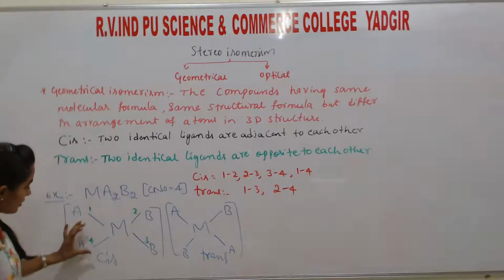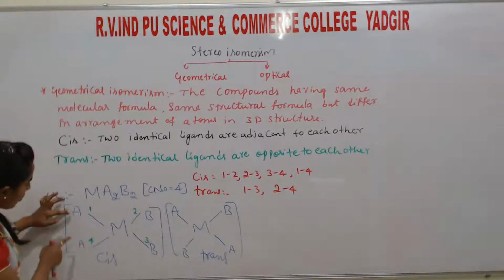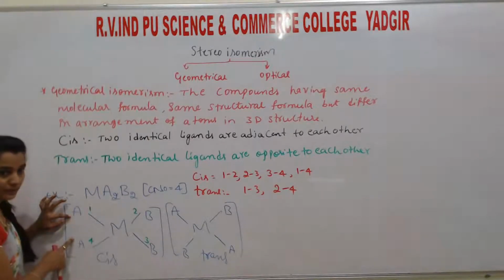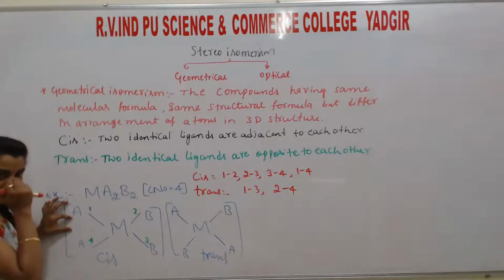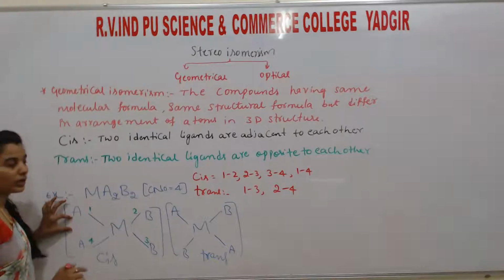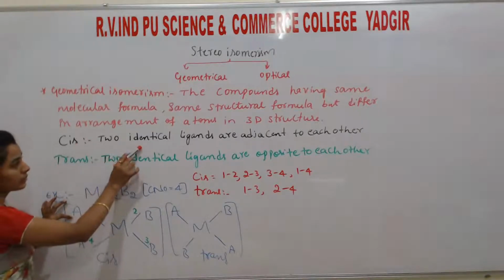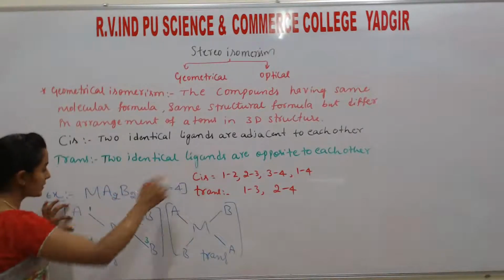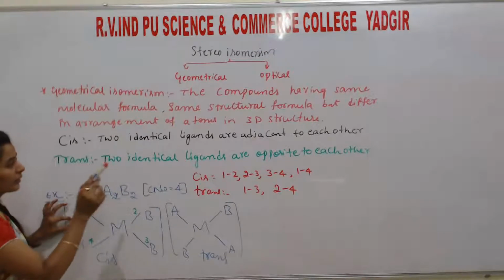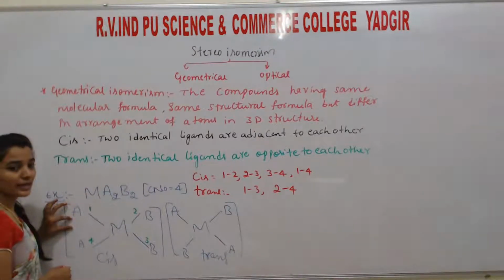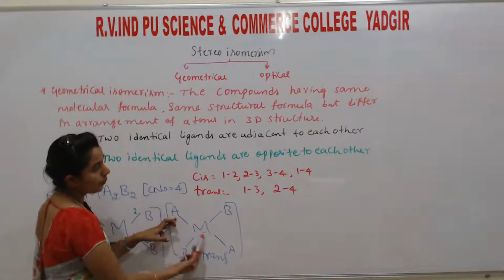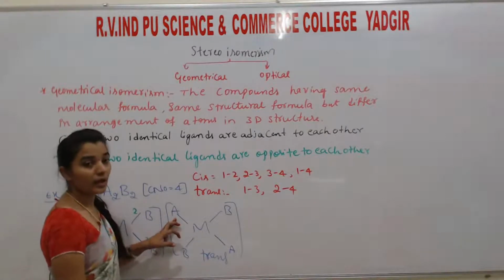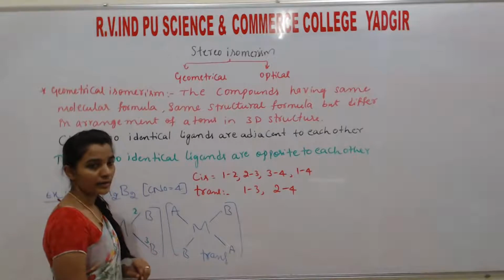This is the cis isomer: the two identical atoms or ligands are adjacent to each other. Here, the two identical atoms are opposite to each other, so they are trans isomers.